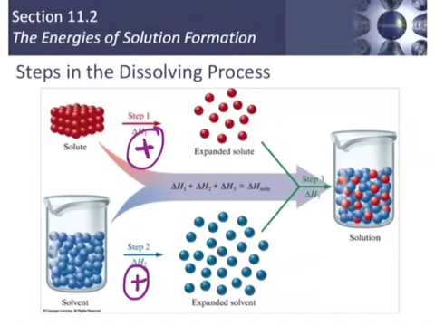Now, when you put these two together, what happens is we get a negative energy. Usually, it is negative energy when you put these two together. So when we end up adding all these delta H's together to get the delta H of our solution, you have a positive, usually a negative. So your delta H of your solution might be positive or might be negative, depending on what that difference is.